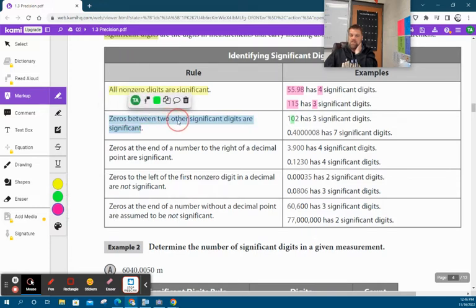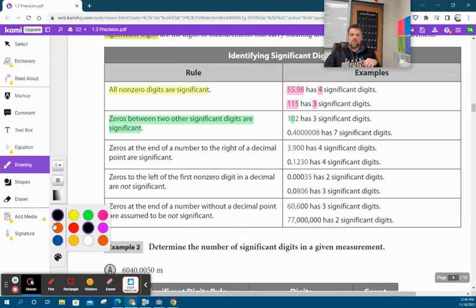If they're between 2 significant figures, the 1 is significant because it's non-zero. This is non-zero. So I've got 1, 2, 3.